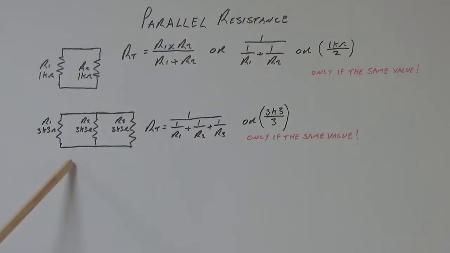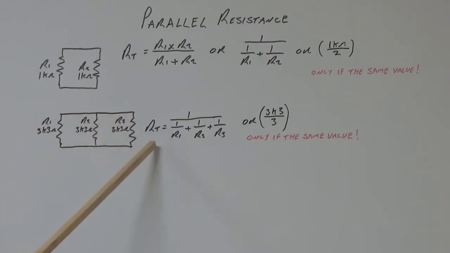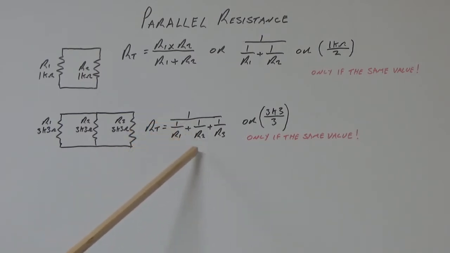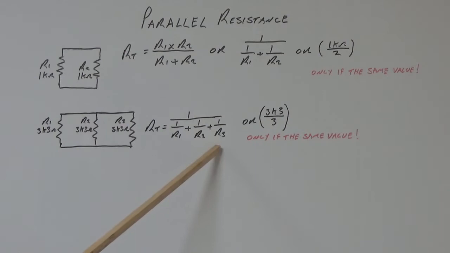If you look at a combination of 3 resistors in parallel, the only formula that you can use is this one here, which is total resistance equals 1 over R1 plus 1 over R2 plus 1 over R3.